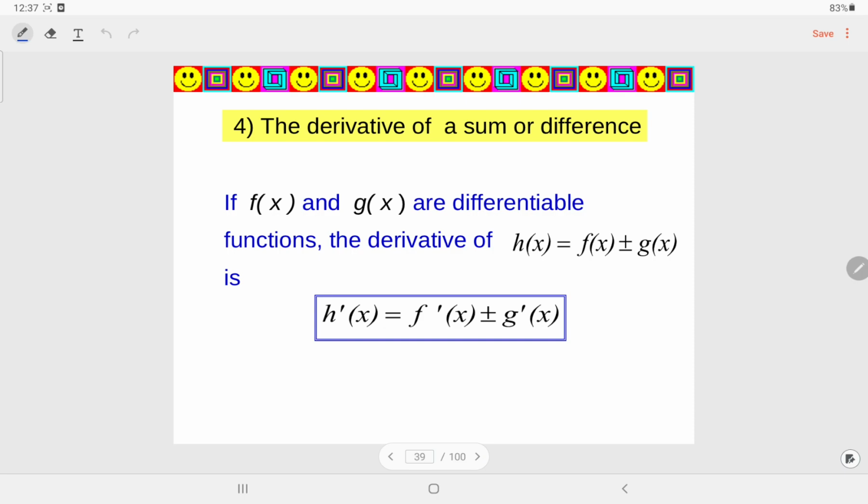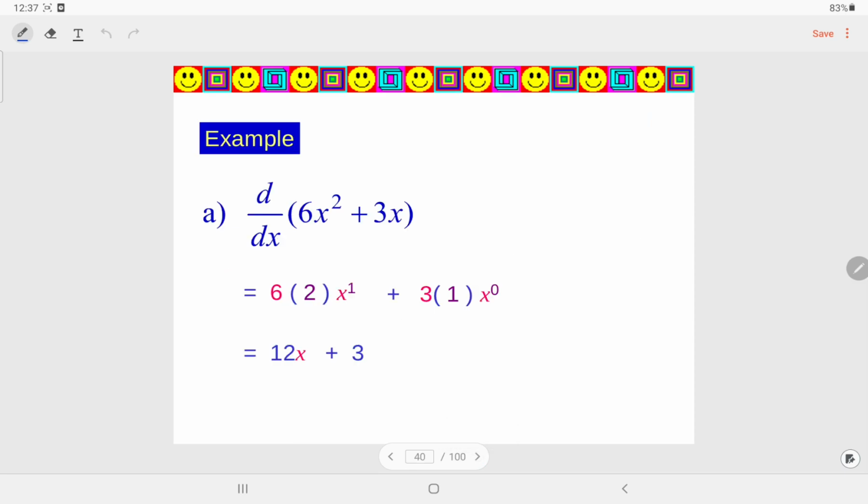The derivative of a sum or difference. If f(x) and g(x) are differentiable functions, the derivative of h(x) equal to f(x) plus or minus g(x) is like this: h prime x equal to f prime x plus or minus g prime x. For example, 6x squared plus 3x.